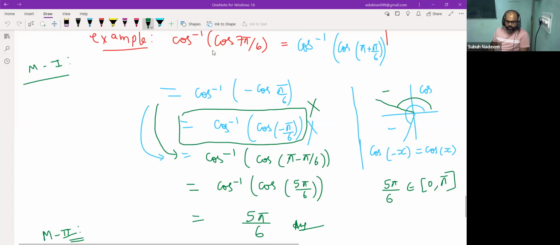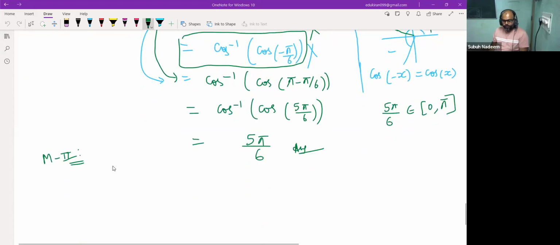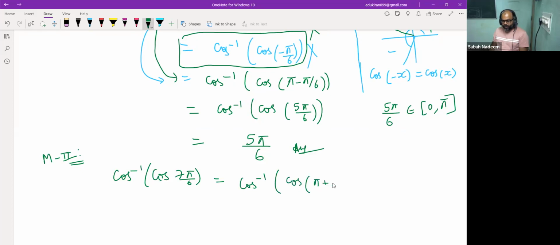So if we try by another method also, cos inverse cos 7 pi by 6. I hope you have written that. So that portion is fine. That same it will come cos pi plus pi by 6.